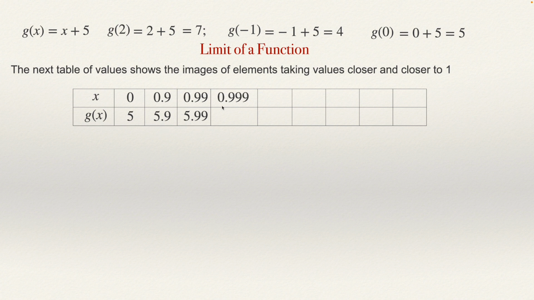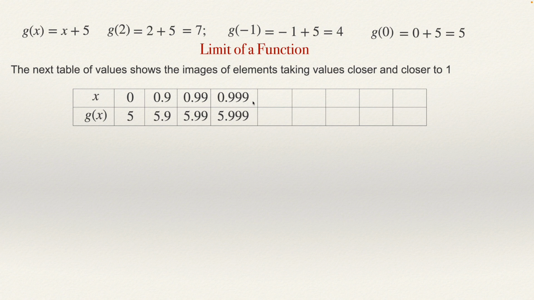If we get even closer, 0.9999, it's easy to see that the image is 5.9999. And we notice that the closer we get to number 1 for the value of x, the closer we get to number 6 for the image of x. We say that the limit of g(x) as x approaches 1 is number 6.